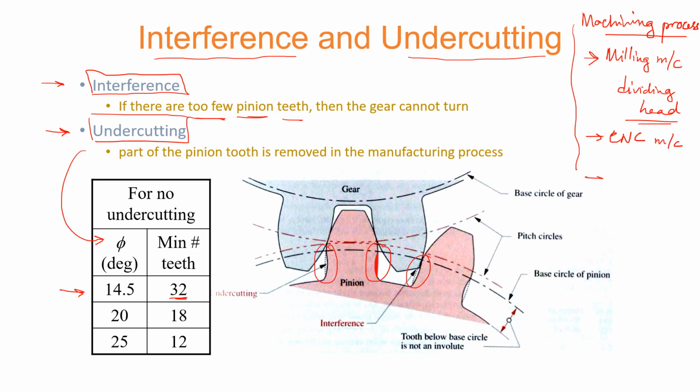There is another special kind of machine called the gear shaper machine that is also generally used. This is also in most cases a semi-automatic machine.